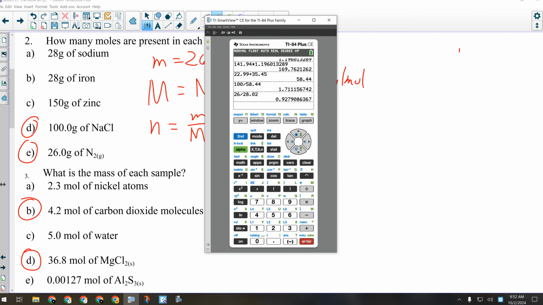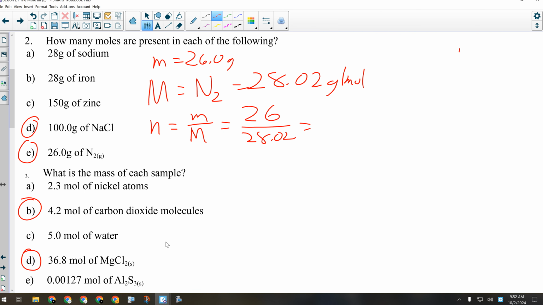All right, so 0.93 moles. Okay, everyone okay with that? How many people have done B and D? Okay, how many people have done B? All right, let's have a look at B, and I'll give you a couple more minutes here.